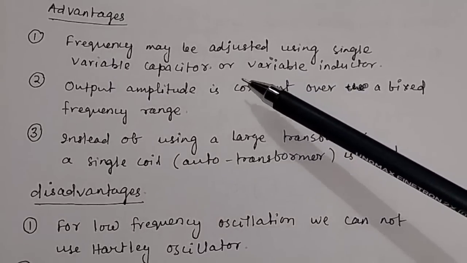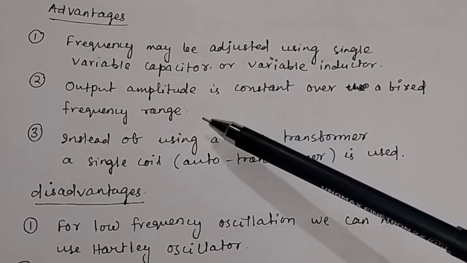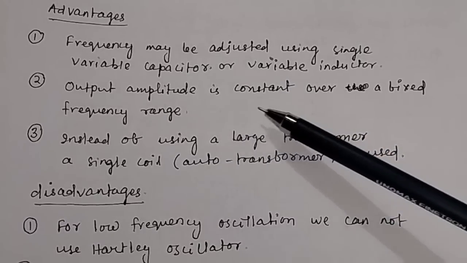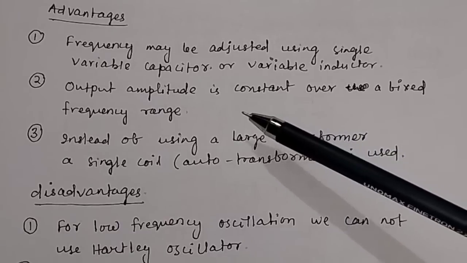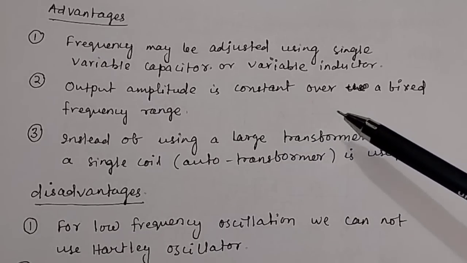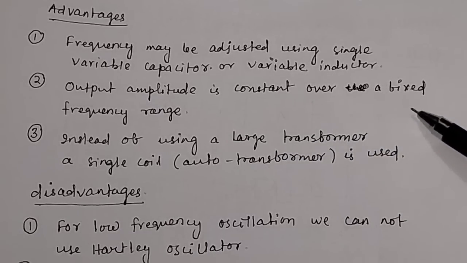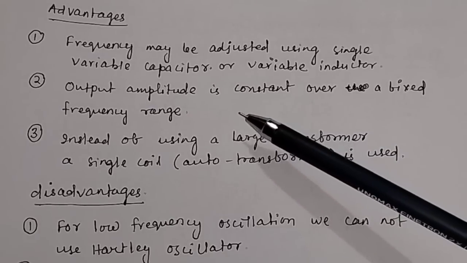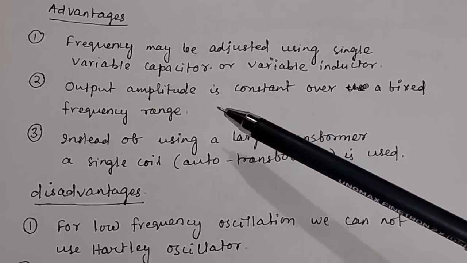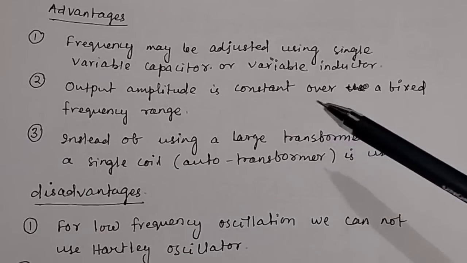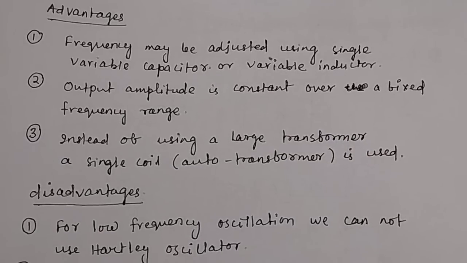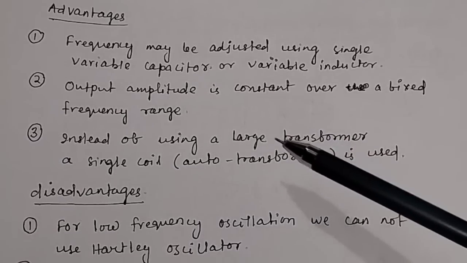This is one advantage in the LC circuit. The second advantage is the output amplitude is constant over a fixed frequency range. So you use the Hartley oscillator in circuits where you need constant output amplitude.